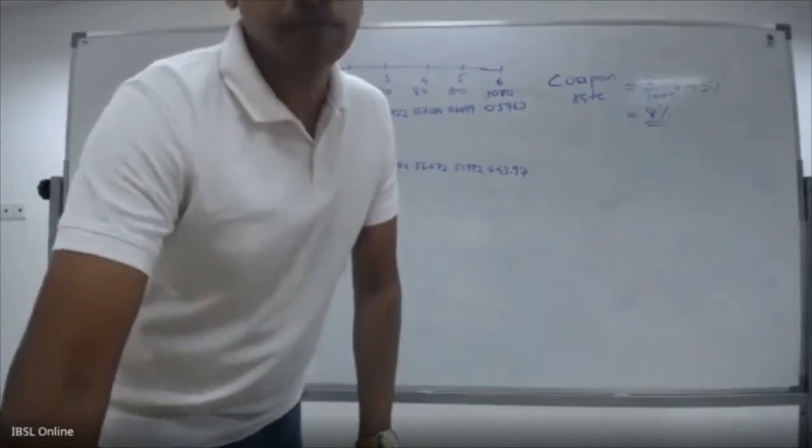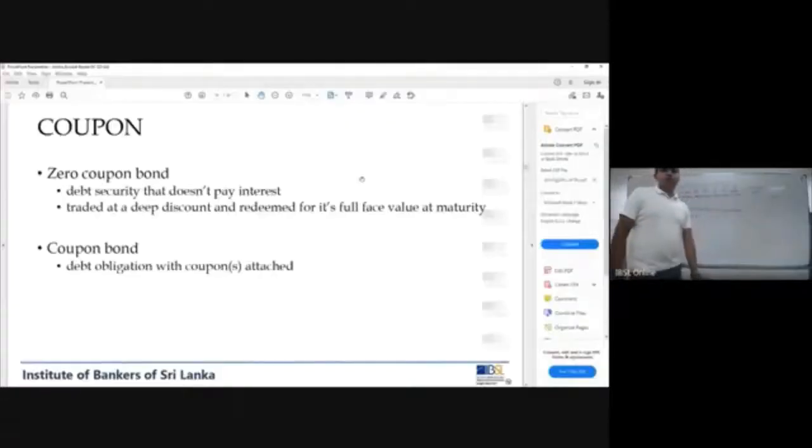We mentioned in this slide, zero coupon bonds trade at a deep discount because the coupon is zero, meaning whichever way you look at it, the yield will always be higher than the coupon because coupon is always zero. Right? The yield is higher than coupon, it trades at a discount. So zero coupon bonds for that reason will always trade at a discount.